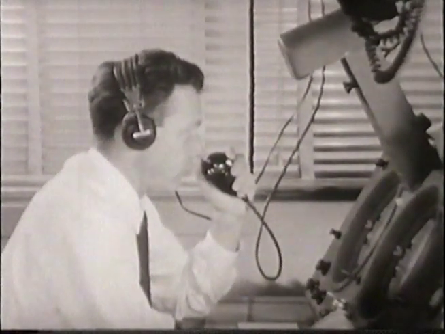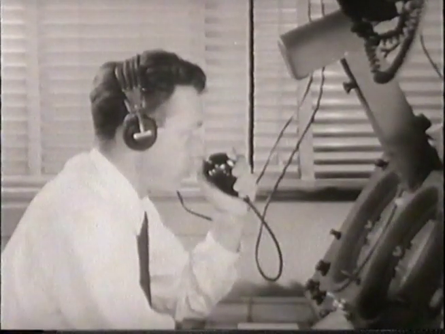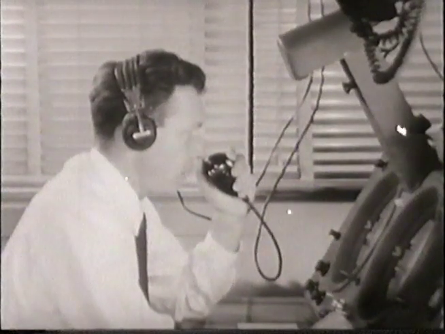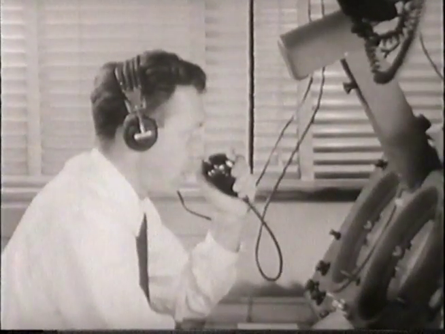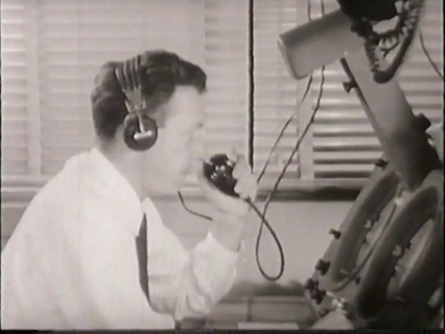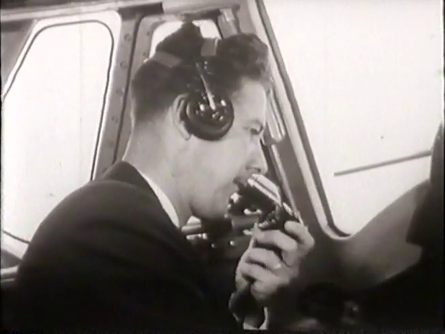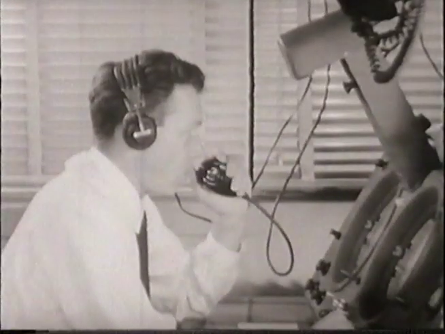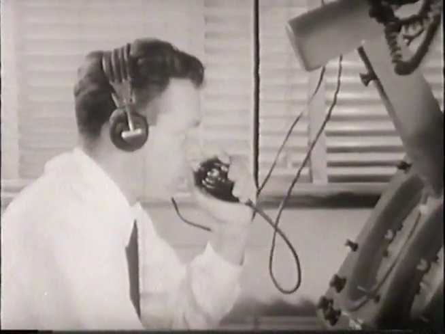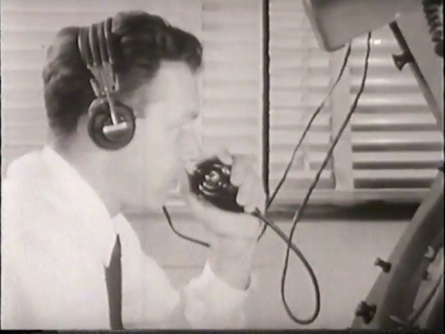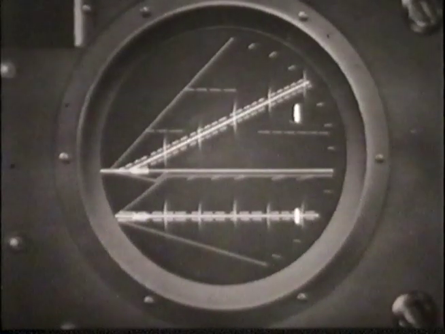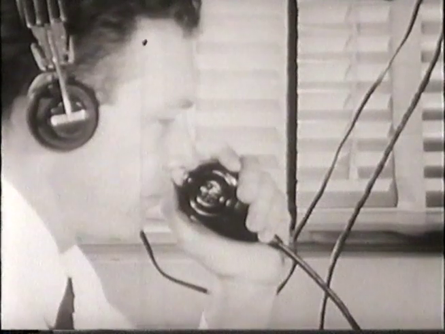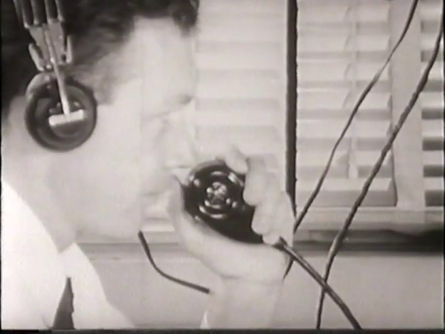TCA 276, this is Friendship Precision. Present heading 280 is good. How do you read? Over. Roger. Reading you 4. Over. Roger. Do not reply to further instructions. TCA 276, 8 nautical miles from touchdown. Heading is good.